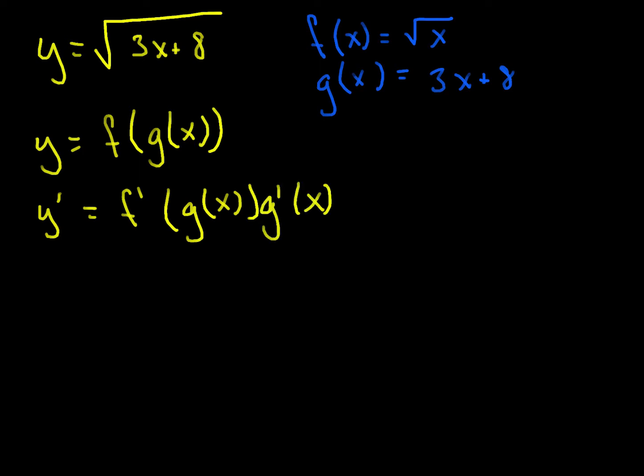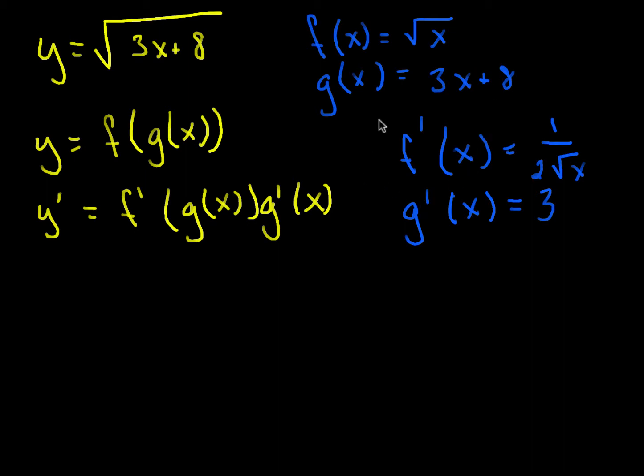Well, what is f prime? Well, we've done the square root quite a few times, so hopefully this is the power rule. f prime of x, using the power rule, is 1 over 2 root x. And g prime, this is just a nice polynomial. Again, you should be able to compute this derivative quite handily by now: the derivative of g is 3.